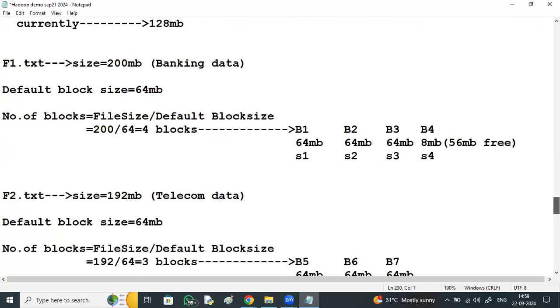Except the last block, right? So in file 1 only, the last block will have 8 MB, right? Yes.